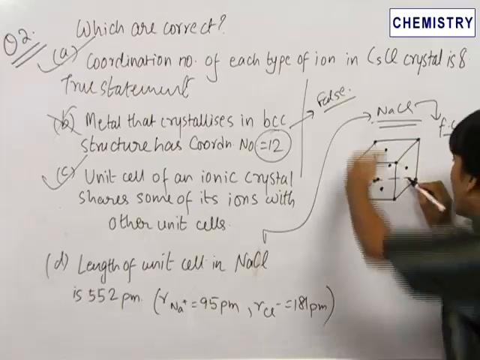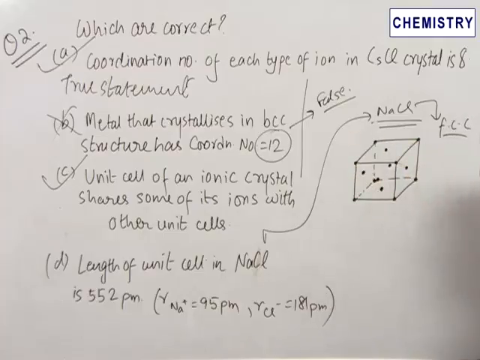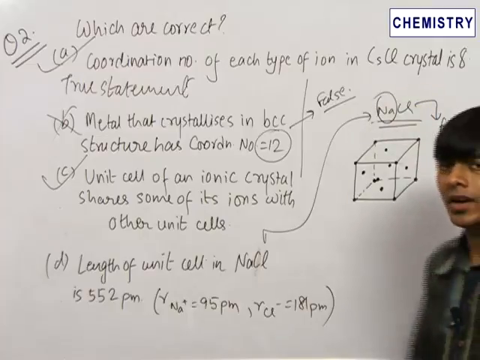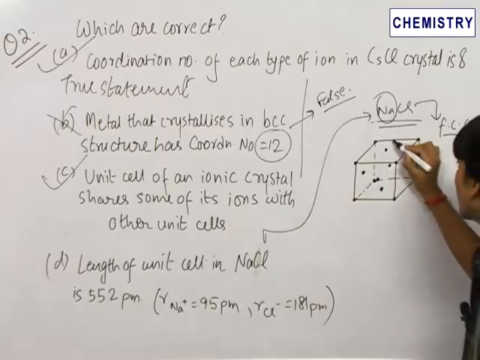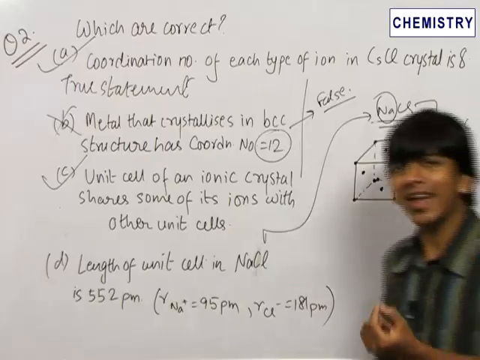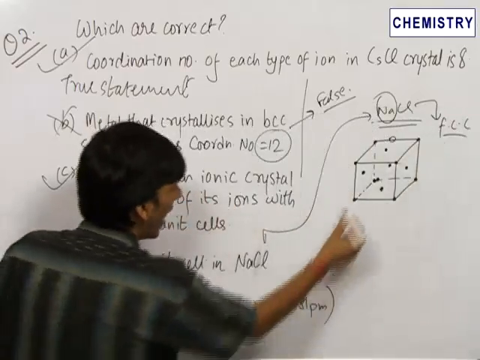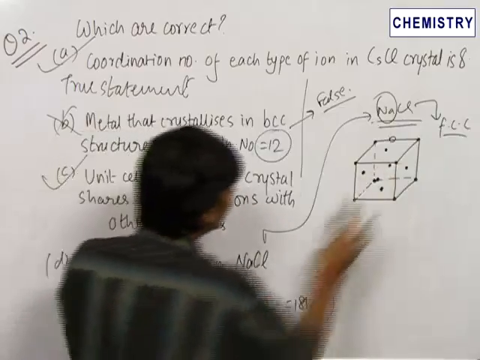And this is the Cl minus ion on the corner of the behind corner. Now, apart from these Cl minus ions, the Na plus ions occupy the octahedral voids. So the octahedral voids are present here along the edge centers and also at the center. So let us consider the edge centers.